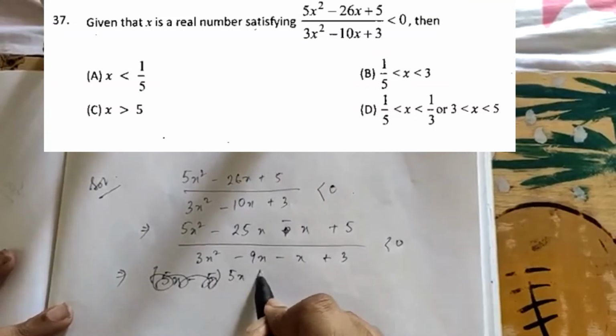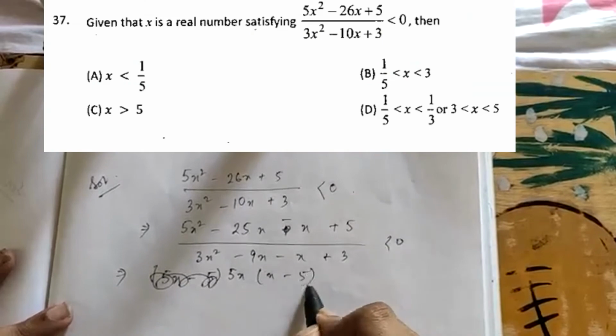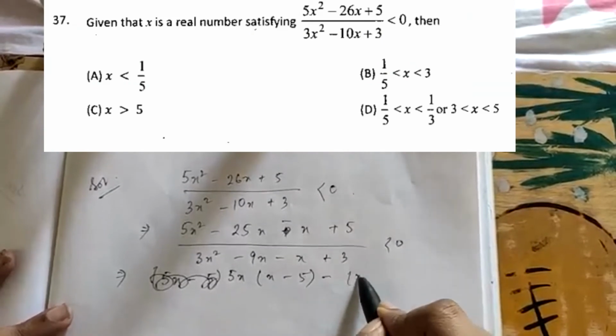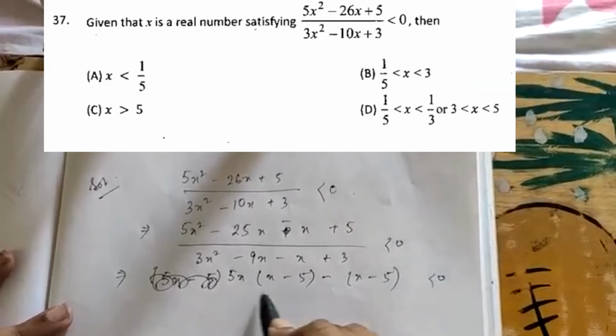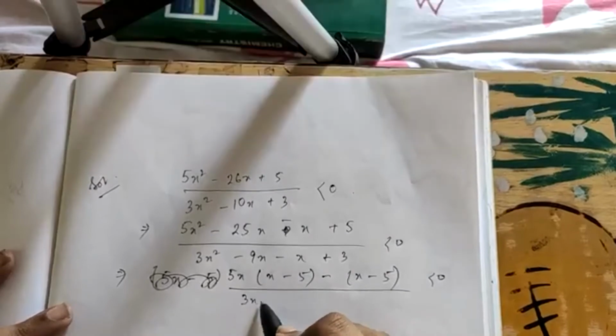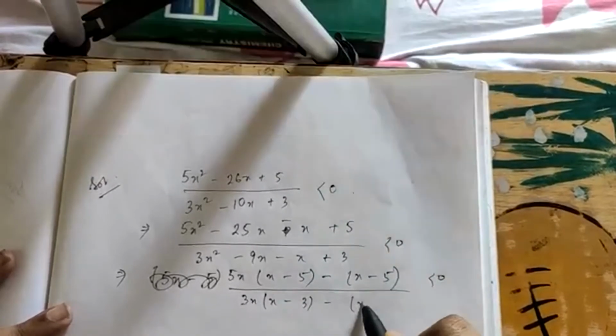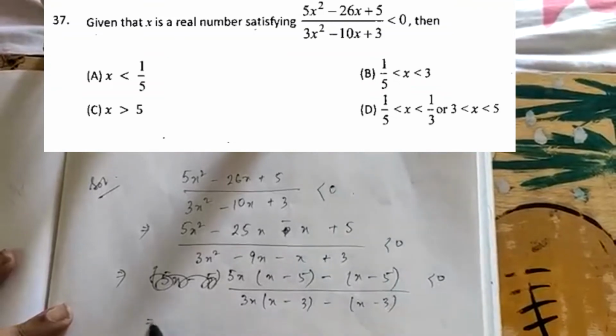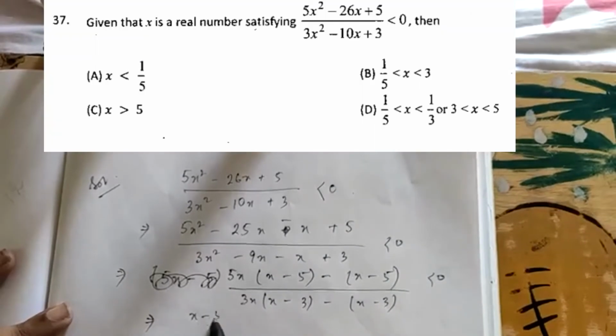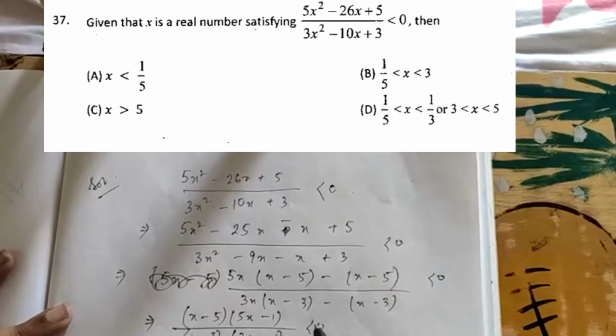If I take 5x common, it will remain as (x minus 5) minus of (x minus 5). If I take 3x common, then it will remain as (x minus 3) minus of (x minus 3). So in the final step it will be (x minus 5)(5x minus 1) by (x minus 3)(3x minus 1) is less than 0.